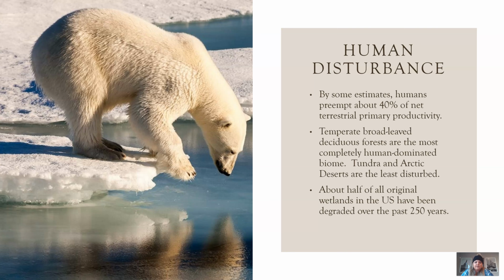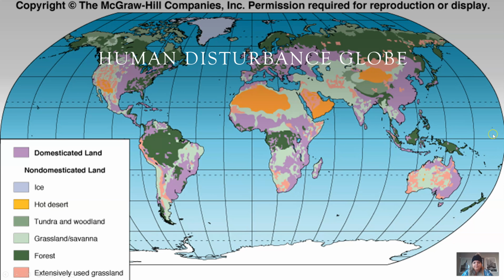Tundra and Arctic deserts are the least disturbed, and about half of all original wetlands in the United States have been degraded over the last 250 years. Here's a look at human disturbance by biome. The domesticated land is most of where we live, and here's all the non-domesticated land, where biomes remain much more natural and less human disturbed.